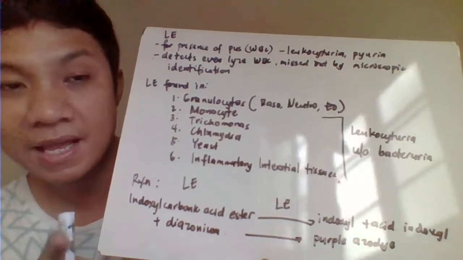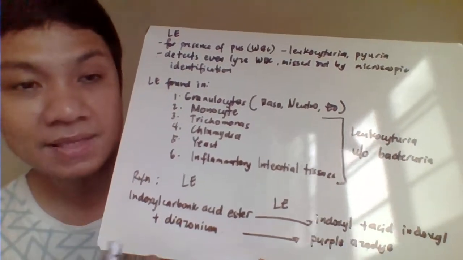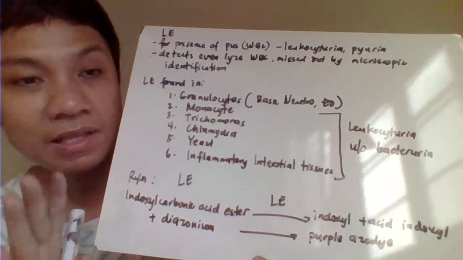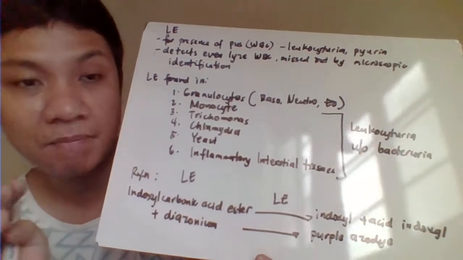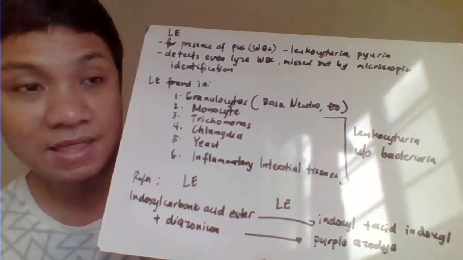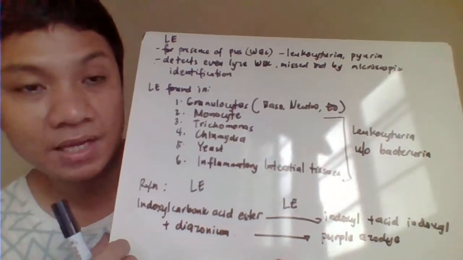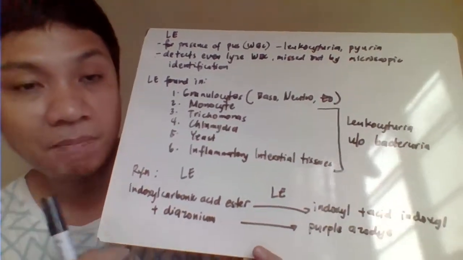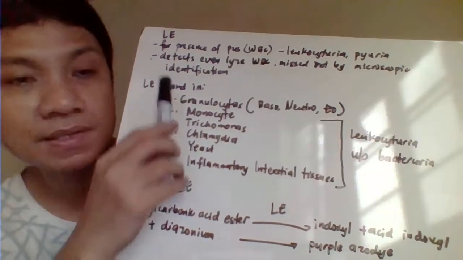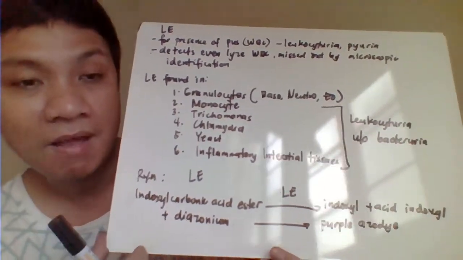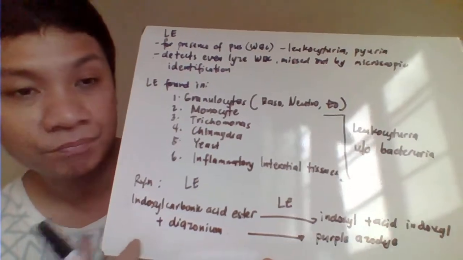But then again, just like the test for blood, pag nag-lyse ang ating leukocyte, hindi mo na siya mabibilang and therefore it might give you a false negative reading. But with this one, even if you have lysed leukocytes or WBC, it still gives a positive result. So medyo sensitive ito compared with our microscopic identification.